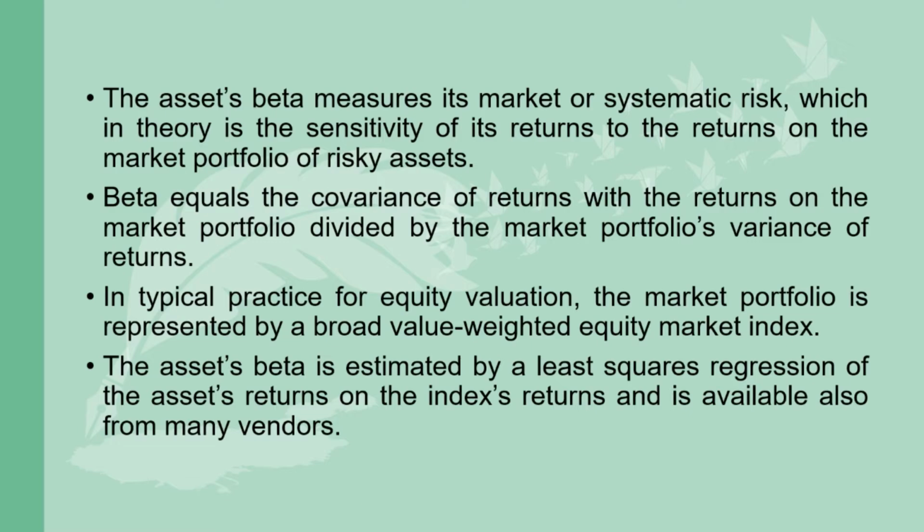Beta equals the covariance of returns with the returns on the market portfolio divided by the market portfolio's variance of returns. In typical practice for equity valuations, the market portfolio is represented by a broad value-weighted equity market index. The asset's beta is estimated by a least squares regression of the asset's return on the index returns and is available also from many vendors.